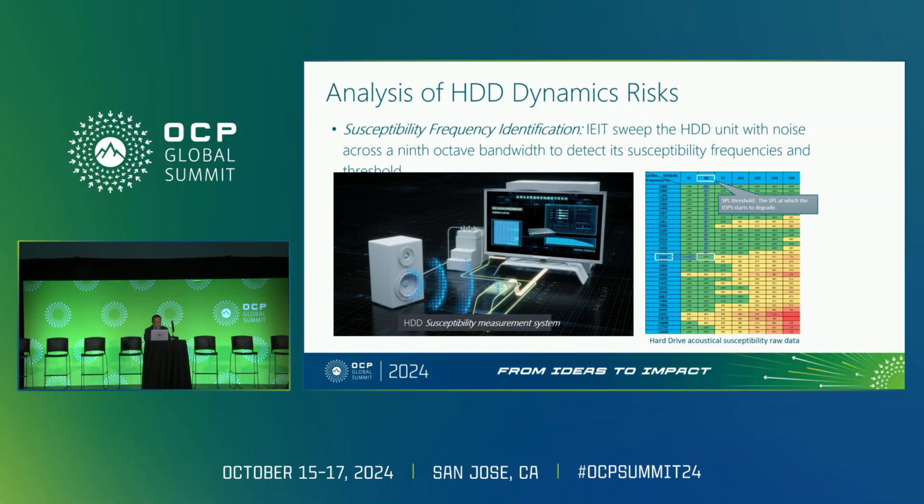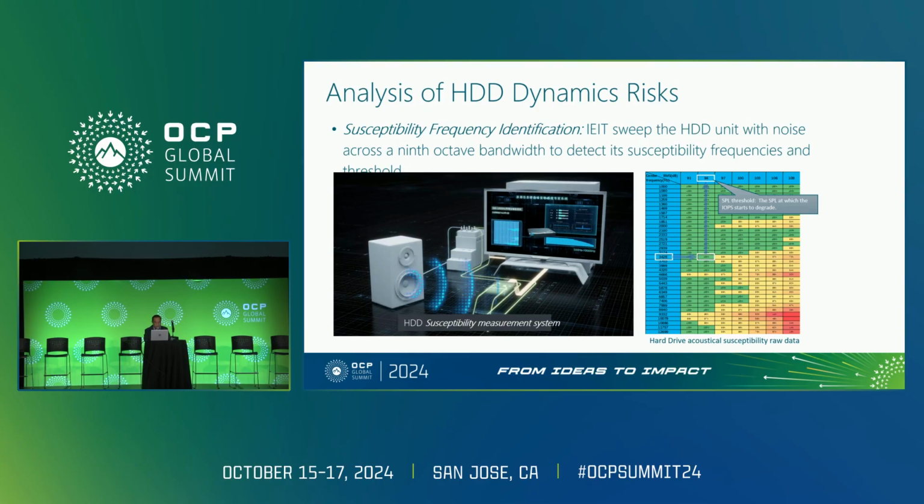The susceptibility measurement system is able to sweep the HDD unit with noise across 1/9 octave bandwidth to detect its susceptibility frequencies and threshold. The picture on the right bottom presents the raw result from the sweep test. It is a 2D matrix showing the performance degradation of each step.